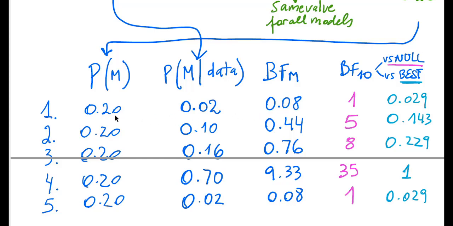First, it calculates the prior odds versus all the other models. So basically, we've got 0.20 for model 1 and 0.80 for all the other models. So if we do 0.20 divided by 0.80, that's 0.25. So it's 1/4.